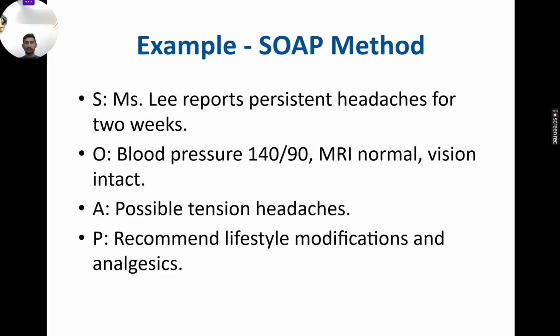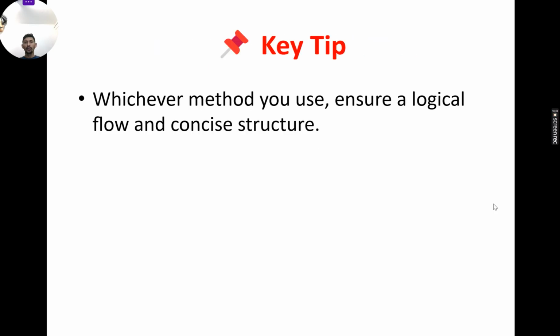You checked the patient's blood pressure and got a reading of 140/90 mmHg, and did an MRI for investigation, vision intact. Then what is the assessment? Your probable diagnosis may be tension headaches. Then you recommended lifestyle modifications and analgesics. So these are some methods that you can use for paragraph structuring in your OET writing.